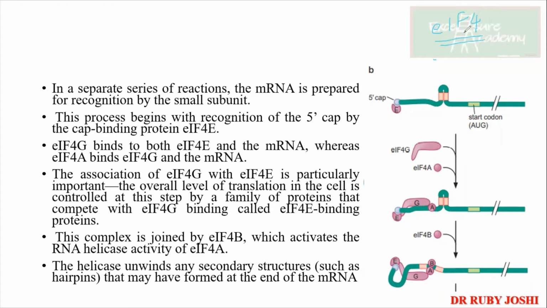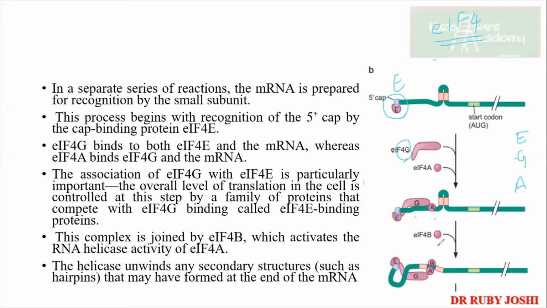Now let's see what ABCD is coming. First, E comes and recognizes the cap of the mRNA. Clear? Then G comes and recognizes E and mRNA. Okay? A, पहले E आया, फिर G आया, फिर A आया. A क्या कर रहा है? It is recognizing your G and mRNA.